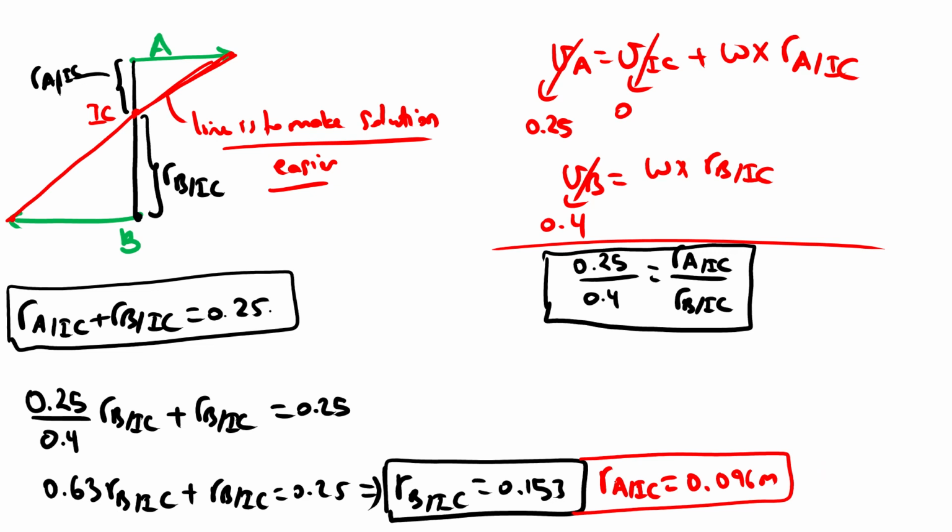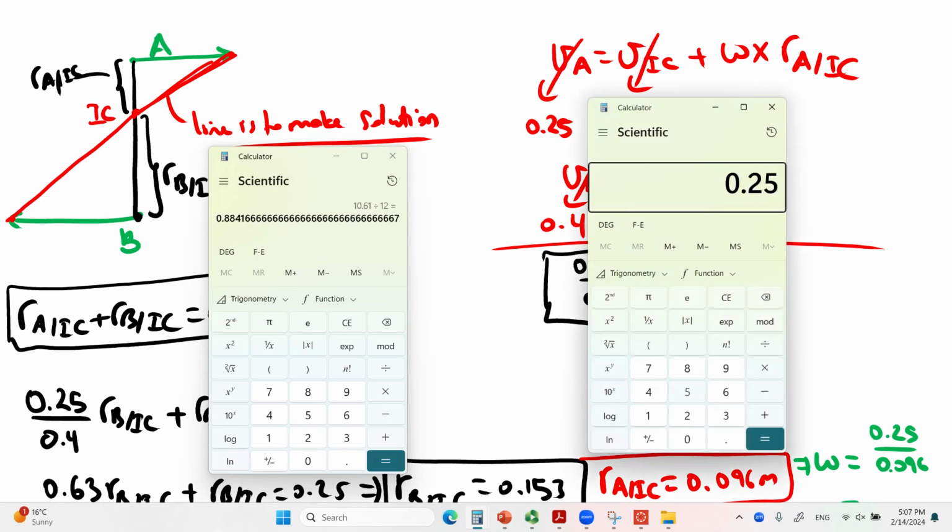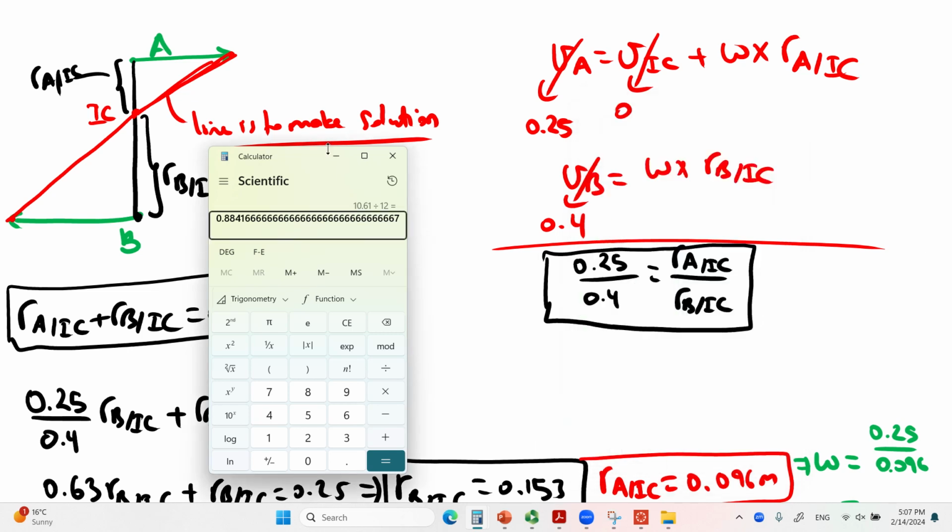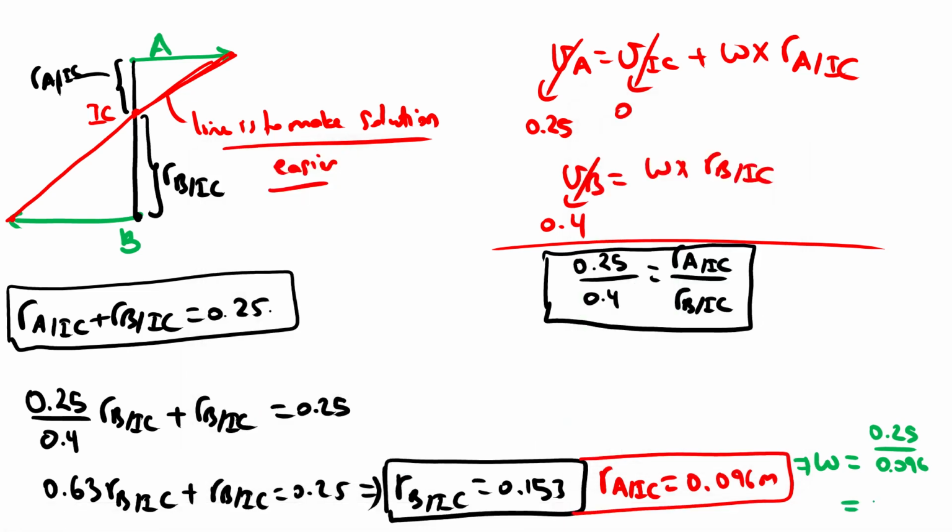If you just replace it, then omega will be 0.25 divided by RAIC, which is 0.096, and that will be equal to 0.25 by 0.096, which is 2.60 radians per second. Okay, that is the first part of the question.